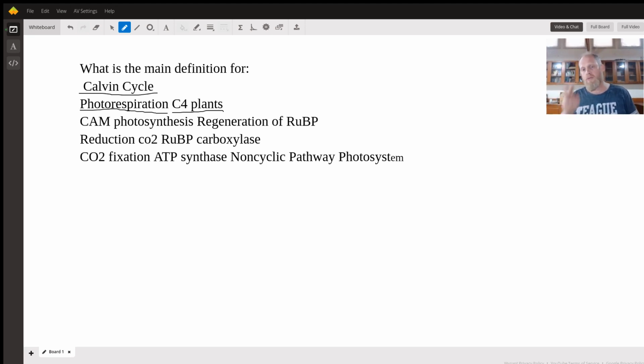This allows C4 plants to maintain a higher concentration of carbon dioxide around the rubisco enzyme, reducing the likelihood of oxygenation and increasing the efficiency of photosynthesis.